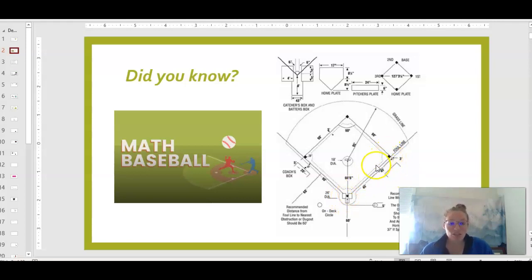The line from first base to second base must have a special name in baseball, but it does have to meet a 90-degree angle, for example, here. Just look at all the degrees and different sizes to be mathematically accurate and accepted into the MLB. It's just amazing to see all the math involved, things that maybe you didn't realize.